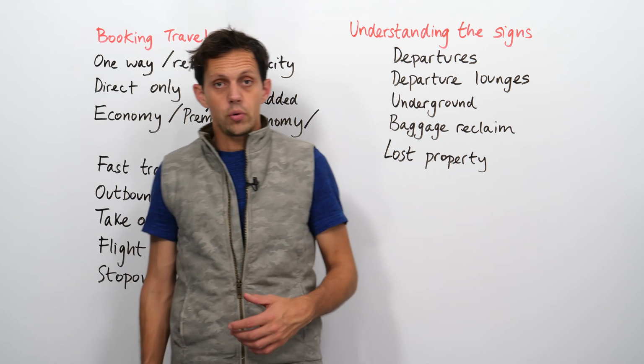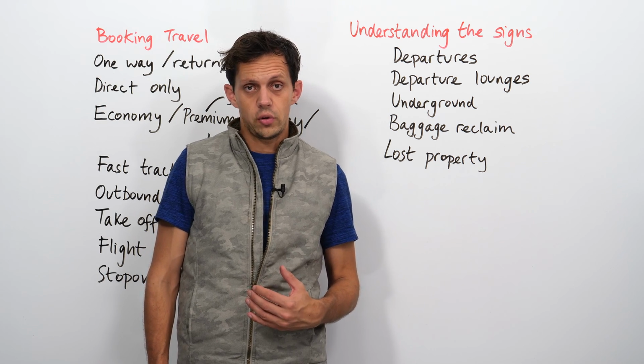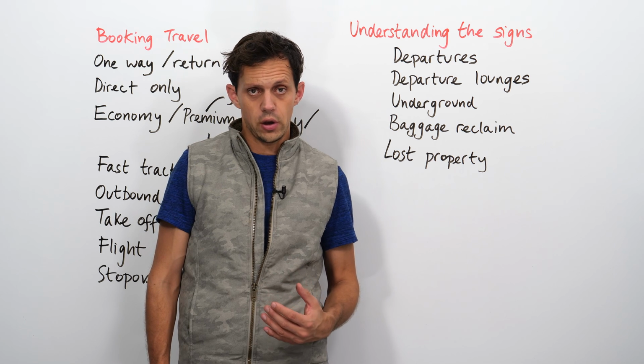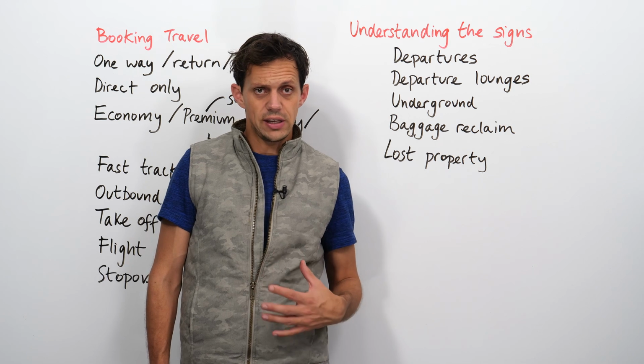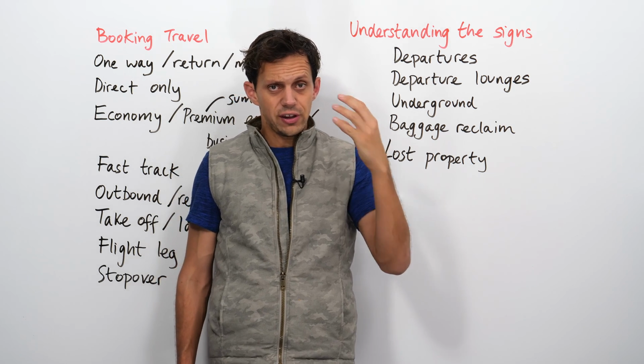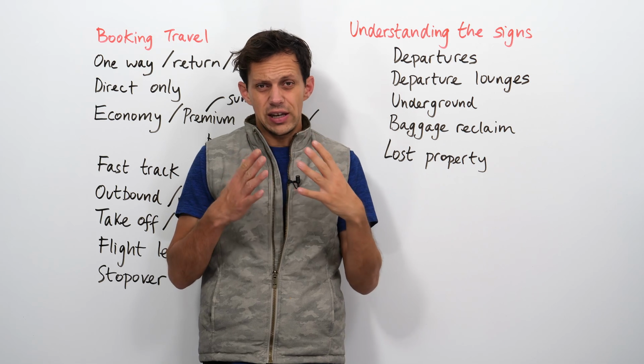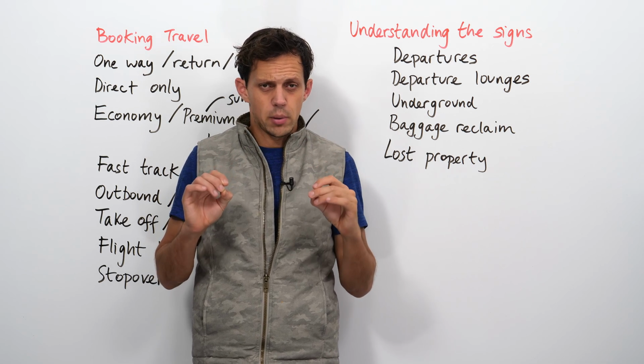Right, airports are designed to make it as easy as possible to understand where to go. So generally speaking, they use as much pictures as they can, and they keep the signage to a bare minimum.